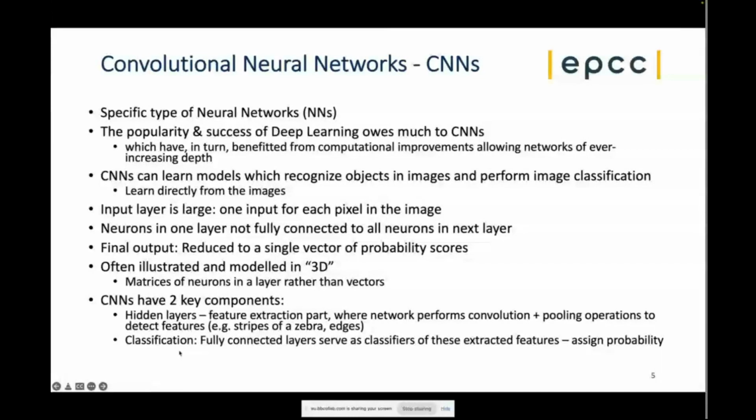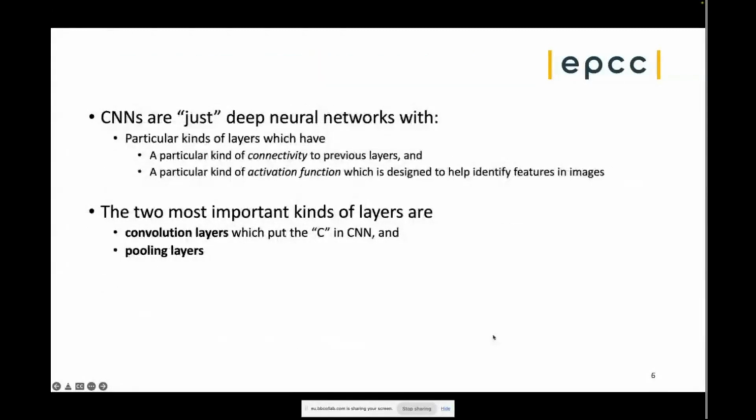And then there's a final bit with fully connected layers, which is ultimately the bit that does the classification. So CNNs are just deep neural networks with particular kinds of layers which have a certain kind of connectivity to the previous layers and a particular kind of activation function which is designed to help identify features in images.